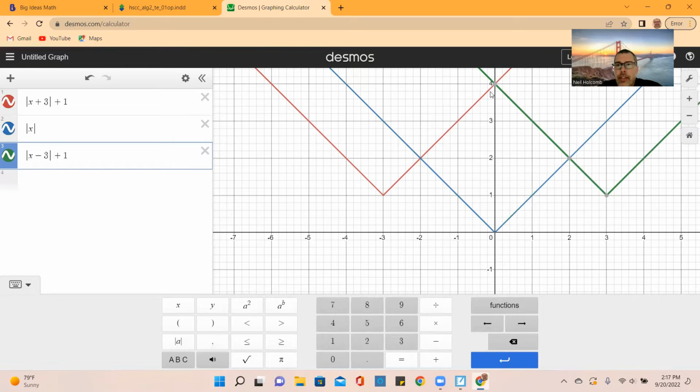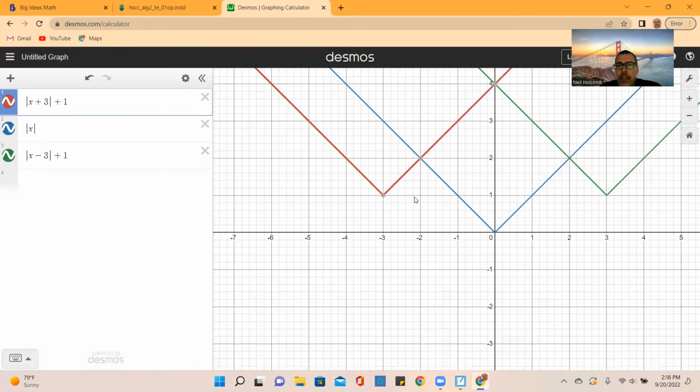As you can see, here is my y-axis, and this red V got reflected over to the other side at 3. So the vertex was negative 3, 1, and now the vertex is 3, 1.